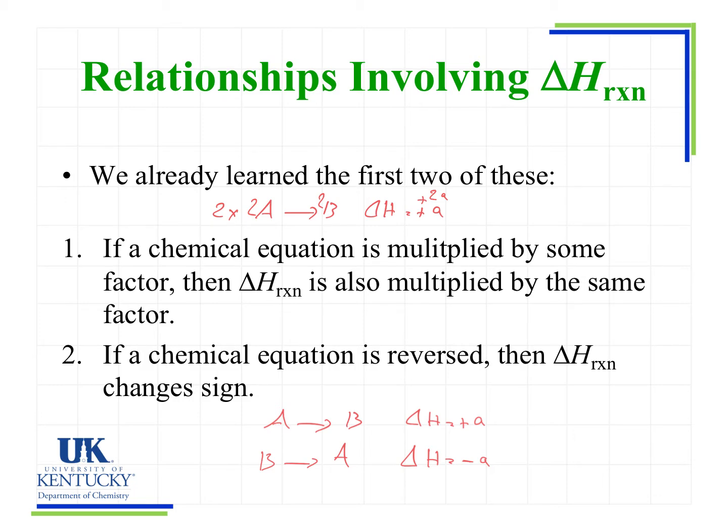So for example, 2B gives you 2A, so delta H, it was plus, now it is negative, and it is multiplied by 2, so it's negative 2A. That's not that hard, right? So you just have to know the basic rules, and you can apply them and put your puzzle pieces together and find the delta H.